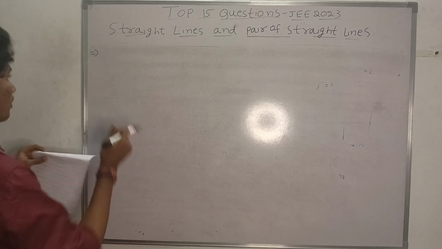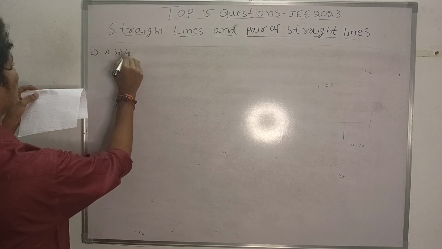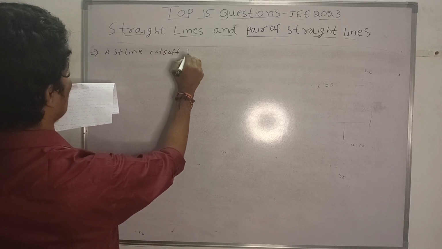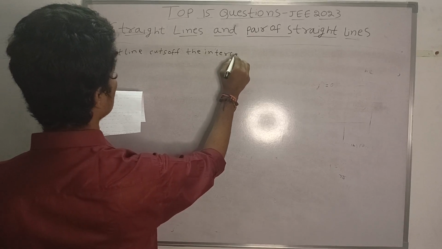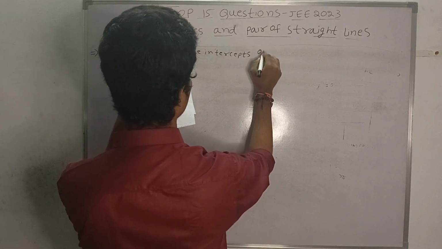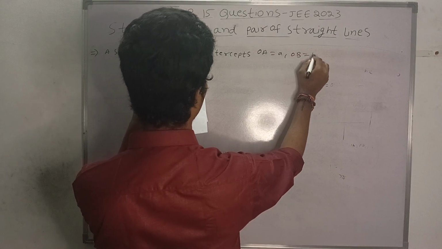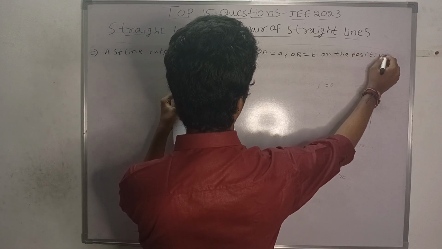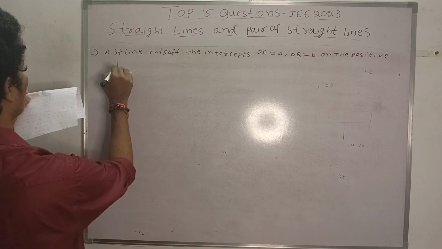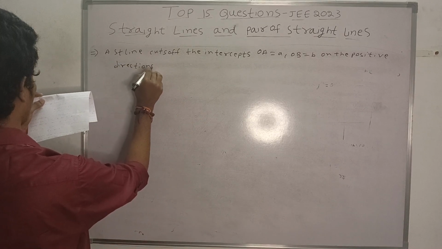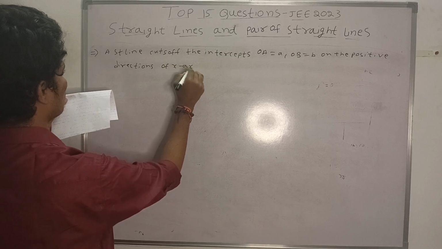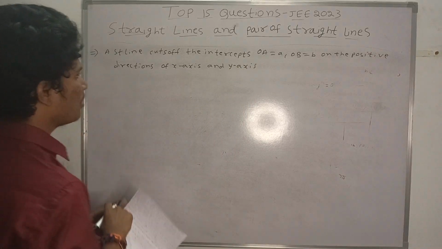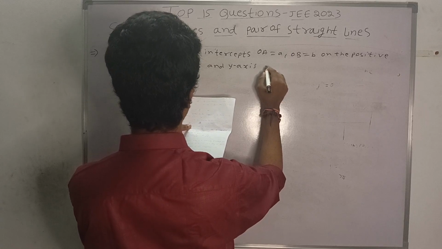And now, a straight line cuts off the intercepts OA equal to a, OB equal to b, on the positive directions of x-axis and y-axis respectively.